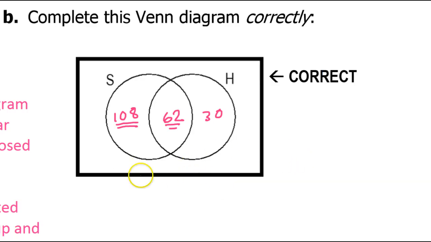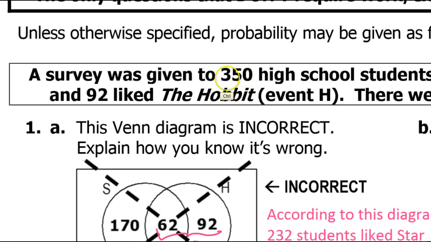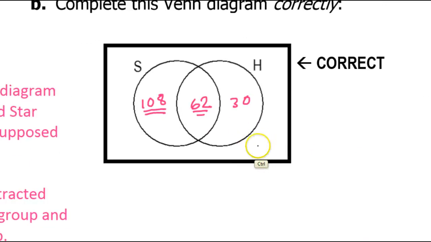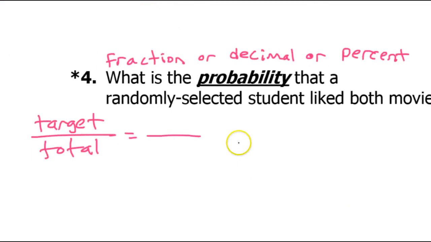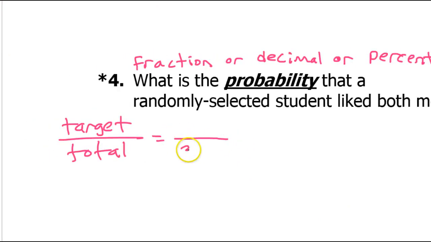So out of a total of 350, that leaves 150 left over. So the 150 right here, this represents students that didn't like Star Wars, and they didn't like The Hobbit either. They liked neither Star Wars nor The Hobbit. That's why they're out here. So all of the numbers have to add up to the total. I was missing the 150 before. Okay, anyway, back to this. The total is 350.